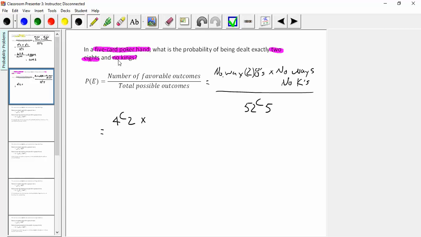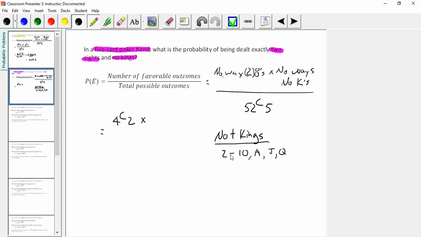Okay, how many cards are not kings? Let's go over here and figure this out. Well, we've got 2 through 10. Those are not kings. We've got the aces, we've got jacks, we've got queens, and we're skipping the kings.